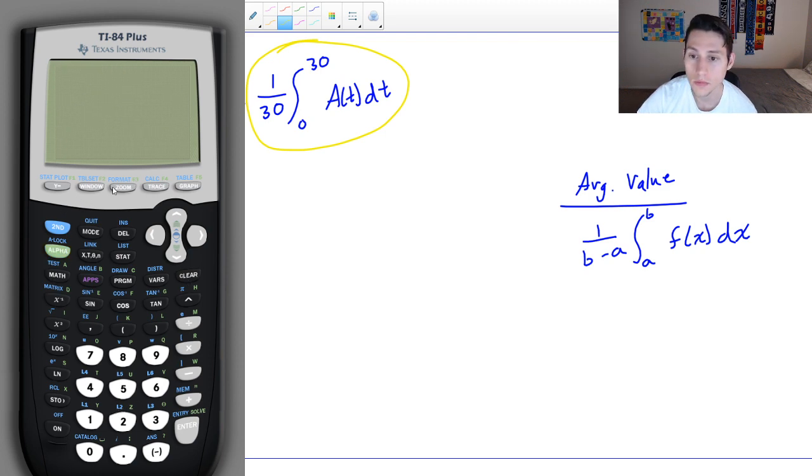So 1 over 30, integral, so math 9, from 0 to 30, alpha trace y1, because that's where we stored our function, A of t, and dx. Okay, so that should just calculate it for us. Great.